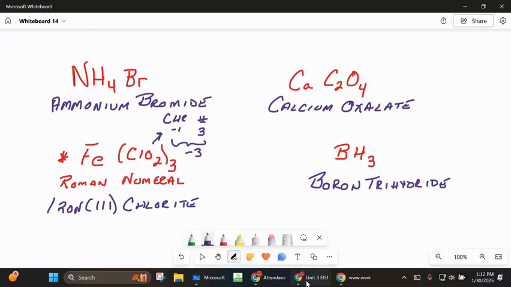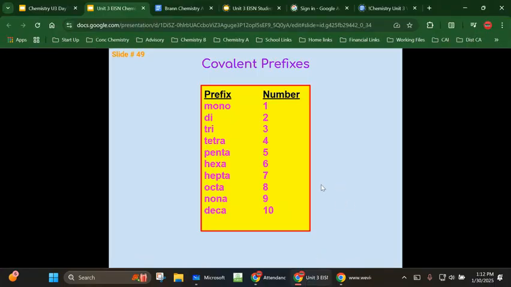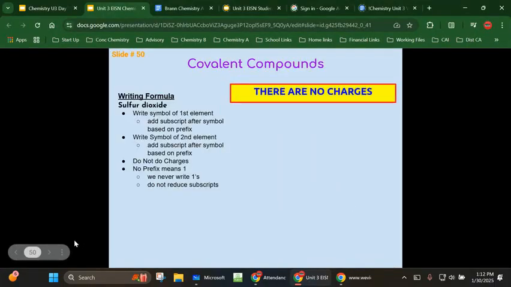So let's take a look at a couple of examples here. Sulfur dioxide. Please remember there are no charges. Sulfur. What's the symbol for sulfur? S. How many of them? Remember, a prefix goes in front, and while the prefix goes in front, in a formula, that number goes after the letter.